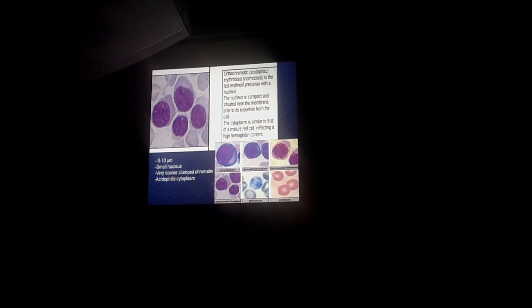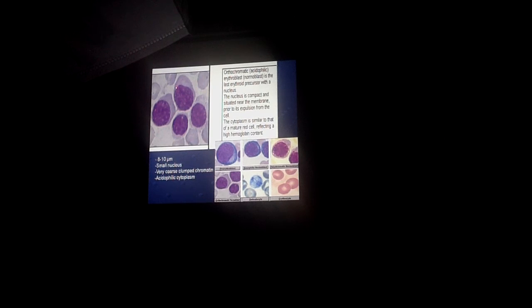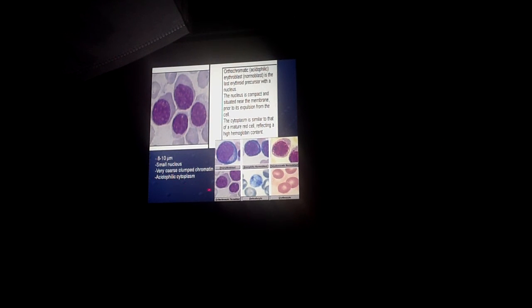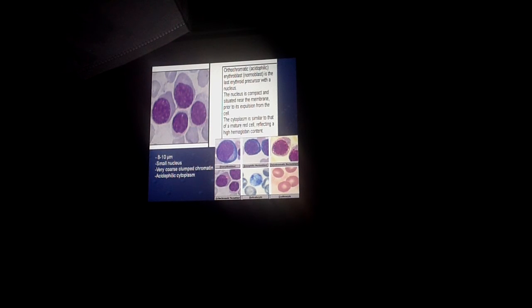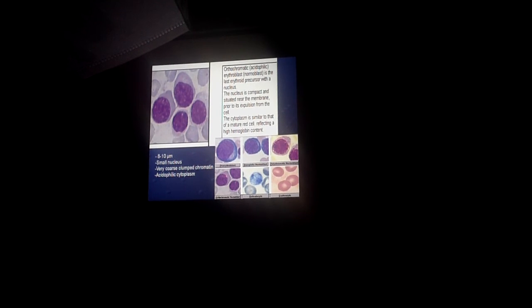And then compare the color of the cytoplasm of the mature red blood cell to the color of the orthochromatophilic normoblast. Almost the same. So, exact or correct color of the cytoplasm. And then, picture lang kasi ito. Pero ideally, or in reality, pink talaga ang color ng cytoplasm niya.